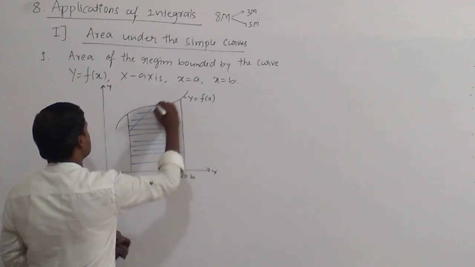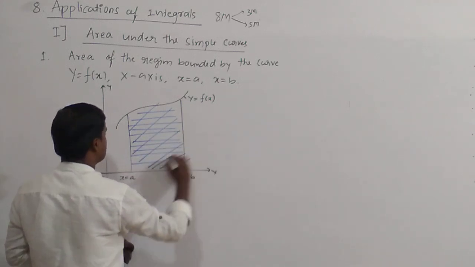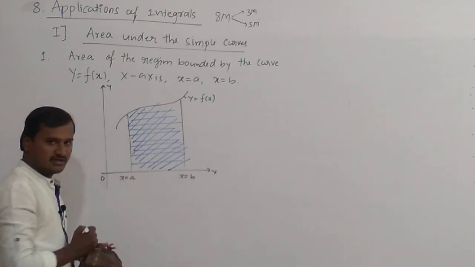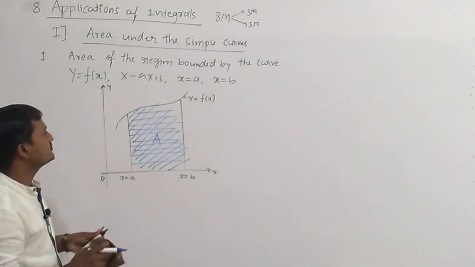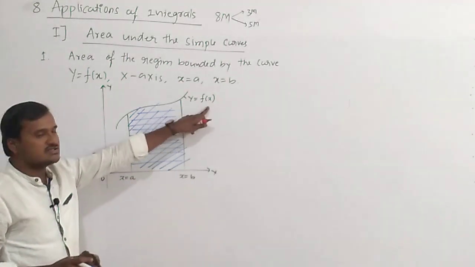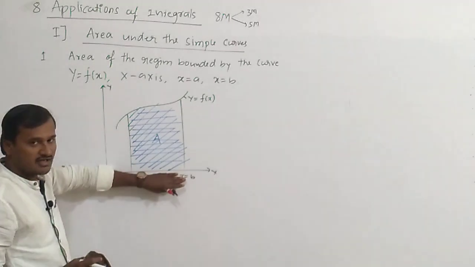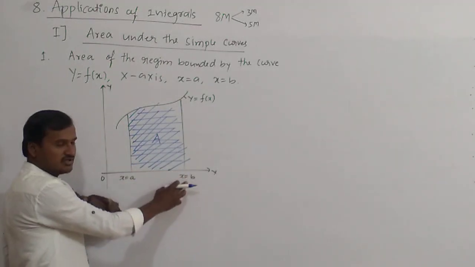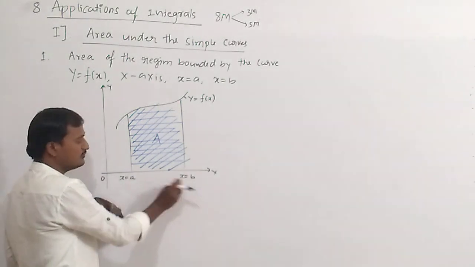In this case, how do we find this area? By using definite integrals. Here I will call this a. You should observe this is the curve y equal to f of x, and this area lies on the x axis with the lines x equal to a and x equal to b. It means you have to find the area from a to b.